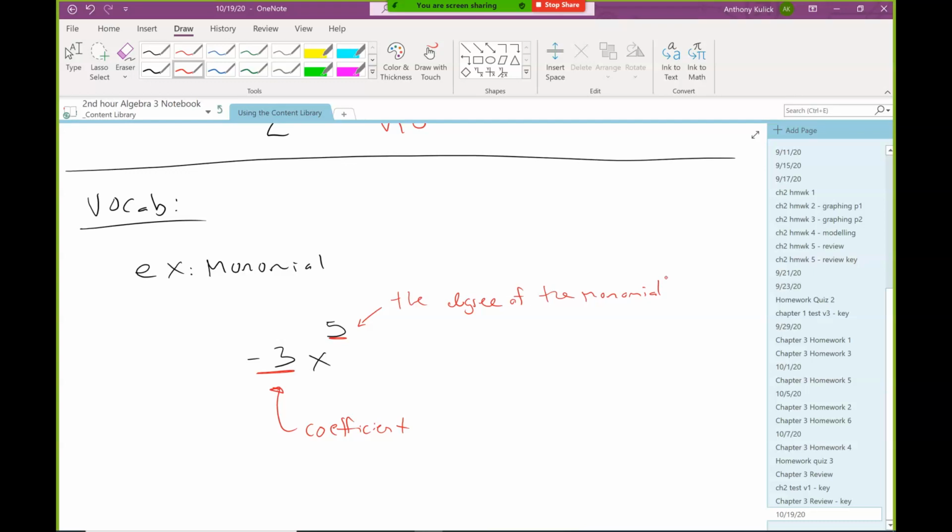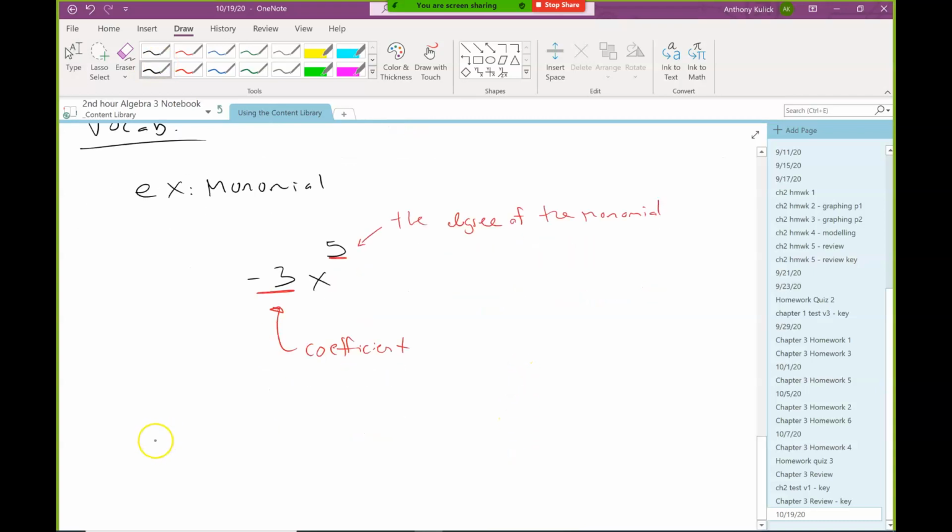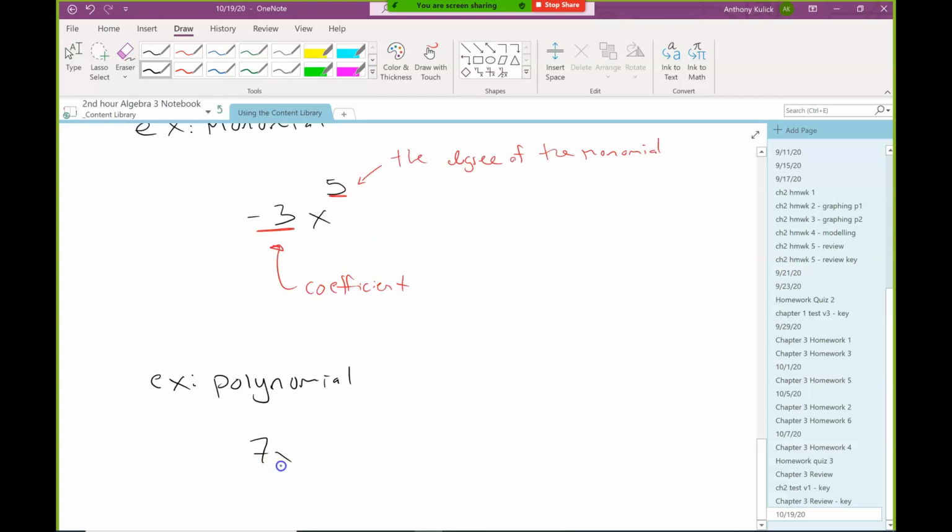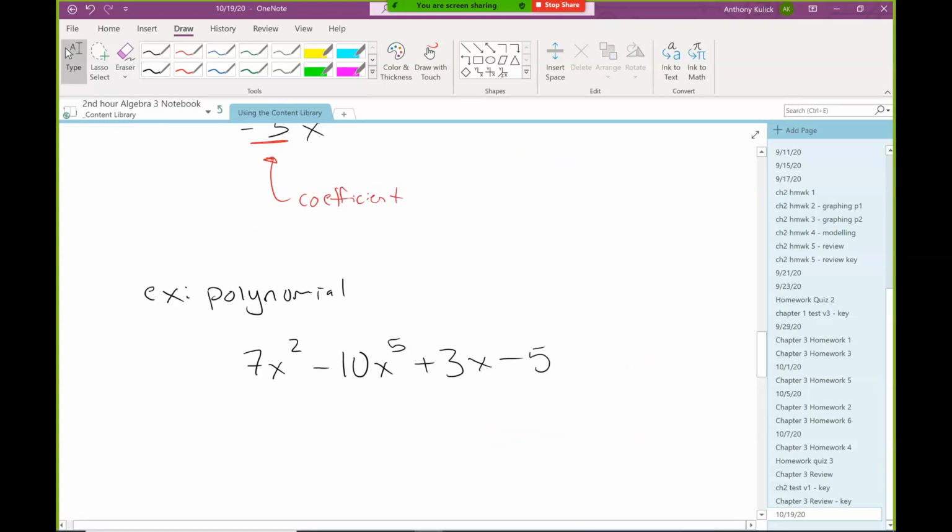Is everybody okay with that? Okay. Now, if we look at a polynomial, it's just the sum or difference of a bunch of monomials, right? So is this a polynomial?